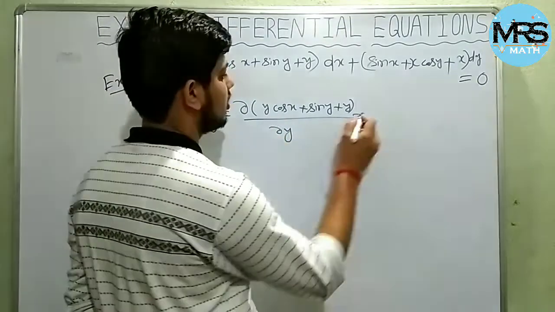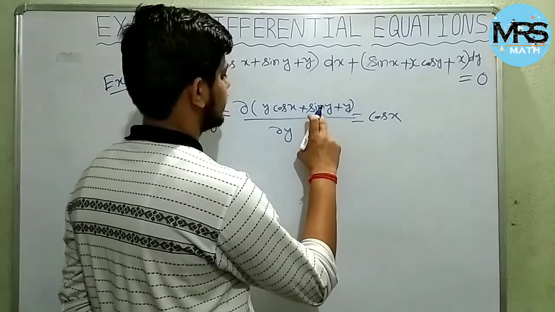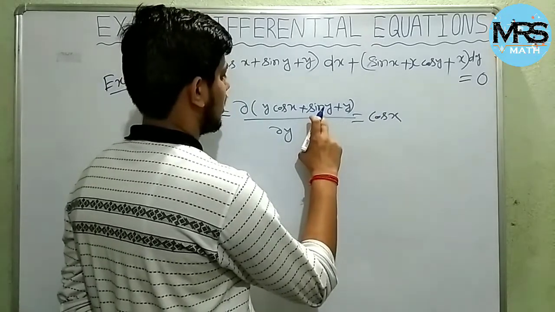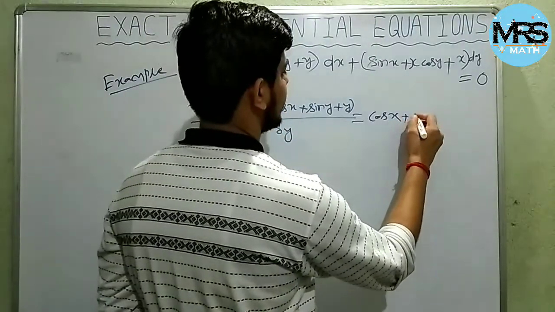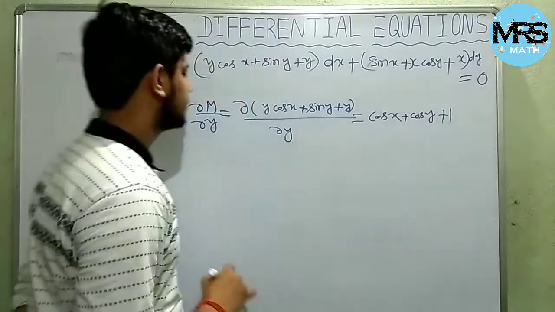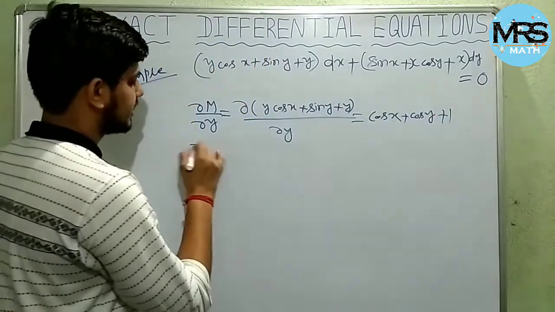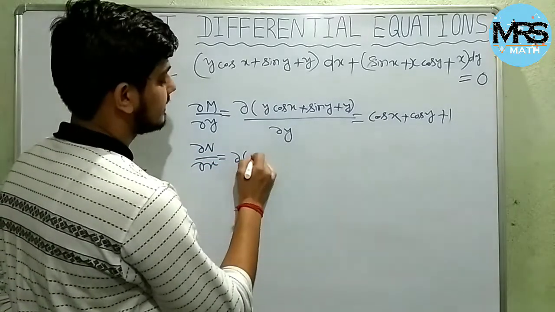This will be cos x, correct? Then sin y, whose partial derivative is cos y, correct? And this is 1.